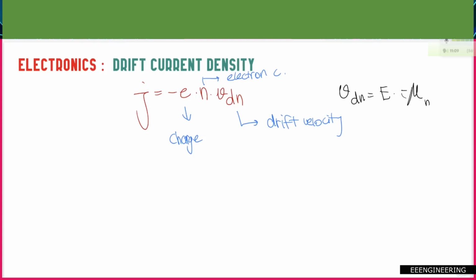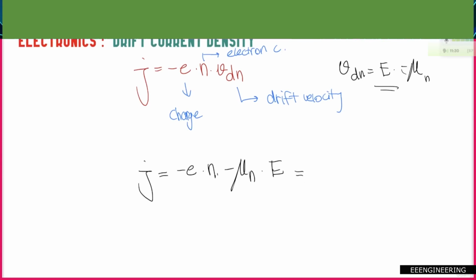So if you replace this drift velocity value by the equation we have in here, drift current density is going to be equal to minus E times N times minus nu N times the electric field, where nu N is the mobility, of course. In the end, these two minuses will yield a positive sign. So the equation for the drift current density becomes E times N times nu N times electric field.